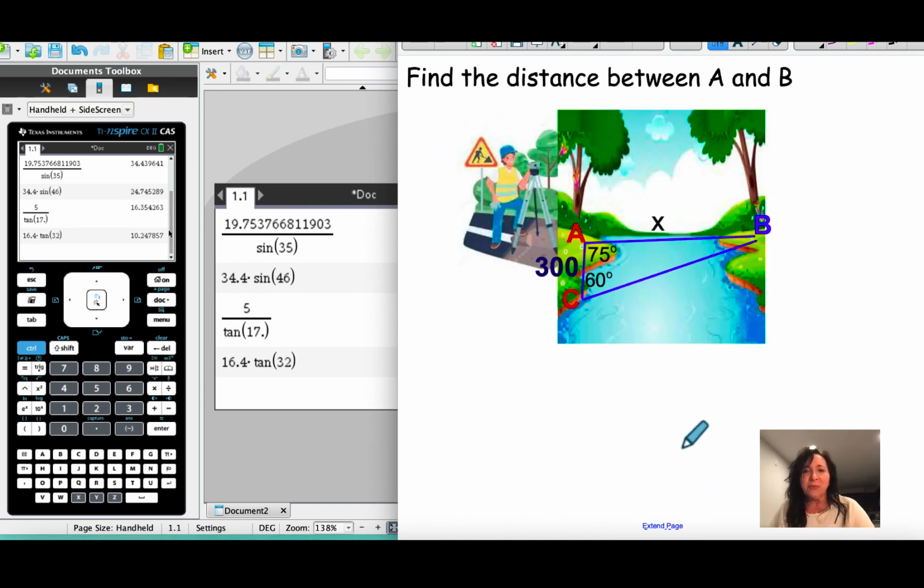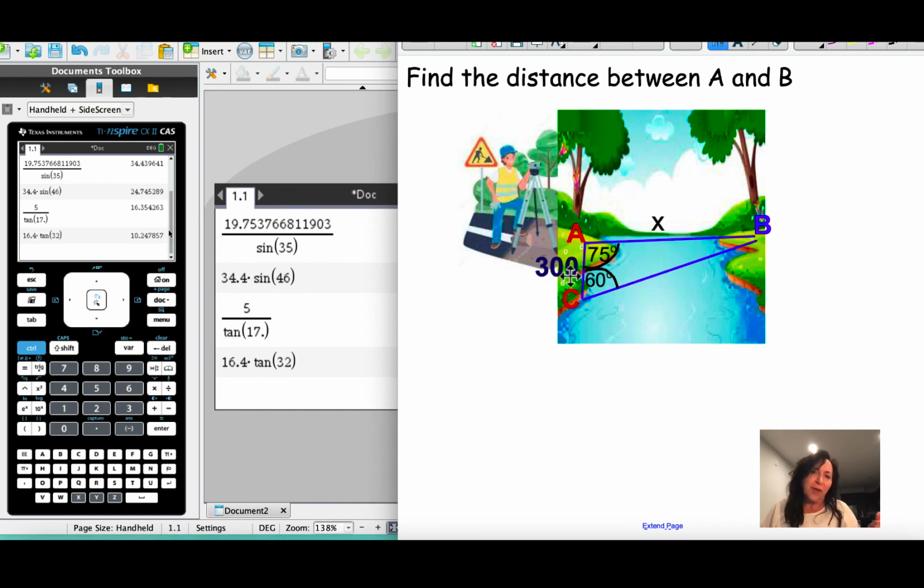All right, for this problem here, I like this problem. This is our surveyor. And remember, a surveyor's got this tool. It kind of looks like a tripod, but it's way cooler than that. And what you're doing here is you've got these two angles here.